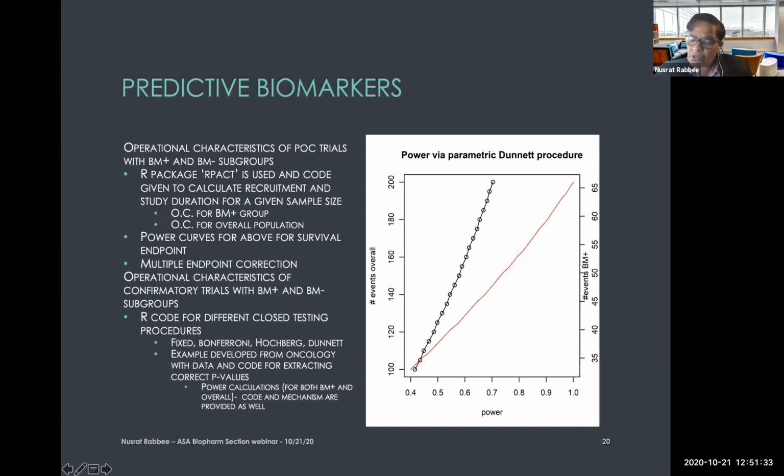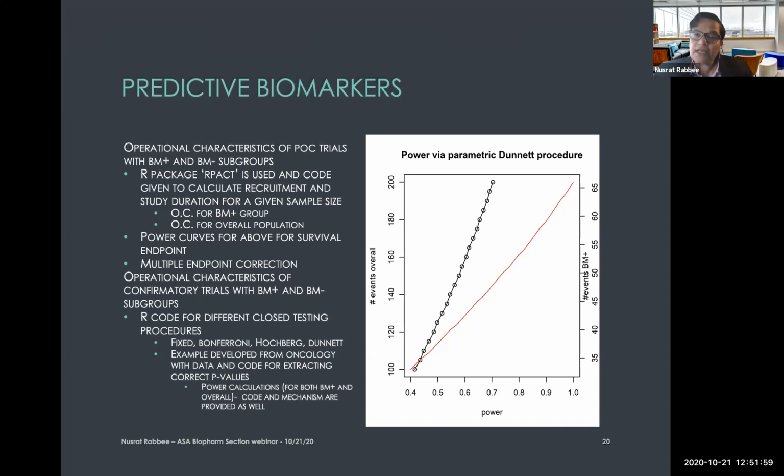And the Dunnett procedure is something that I think is very powerful because it allows you again to take into account the correlation between the biomarker positive and the overall group, right? Because the biomarker subjects are also part of the overall population.